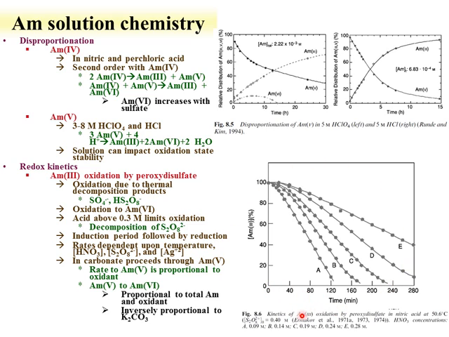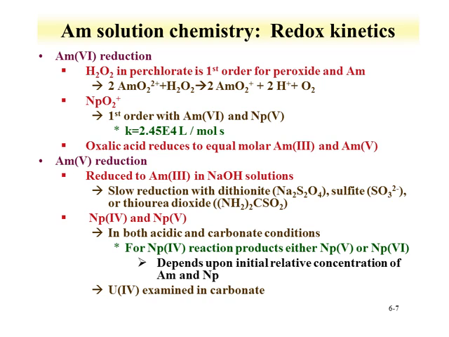Some data shown here for the kinetics of americium-3 oxidation by peroxydisulfate as a function of different nitric acid concentrations. And as we see, as we increase the nitric acid concentration, the rate decreases. A, which has the lowest nitric acid concentration examined in this work, has the fastest oxidation.